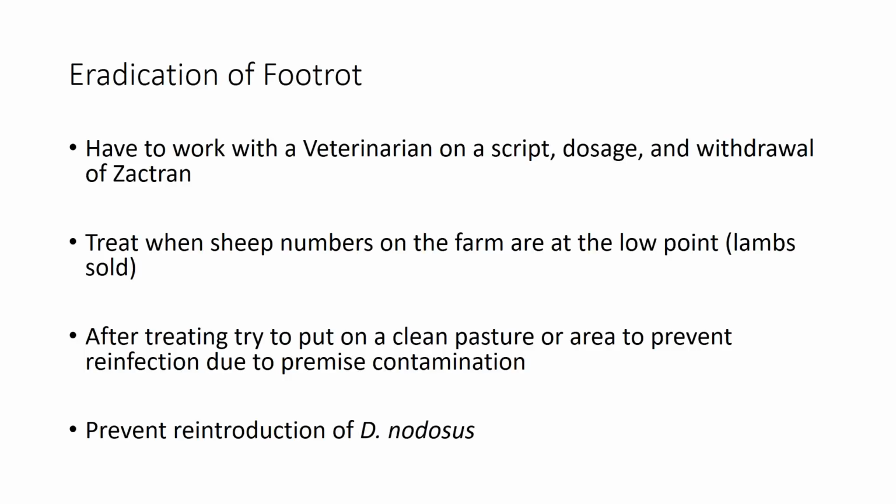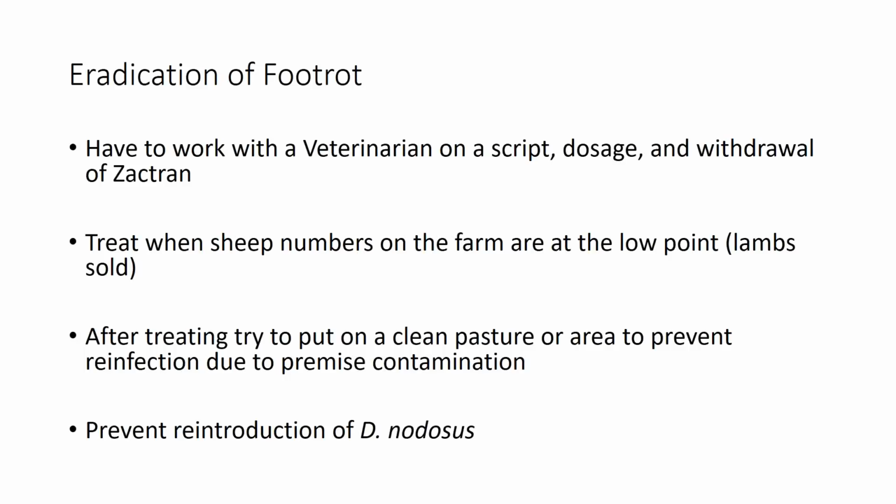Generally, the dosage is the same dosage per 100 pounds that they recommend for cattle, but you'll for sure want to get a withdrawal script on that. And I mentioned this earlier, treat when the sheep numbers on the farm are at their lowest point. After treating them with the Zactran, try to put them on a clean pasture, an area that hasn't had sheep or goats with foot rot on it for at least 14 days to try to prevent reinfection, even though there is some residual effect of the drug.